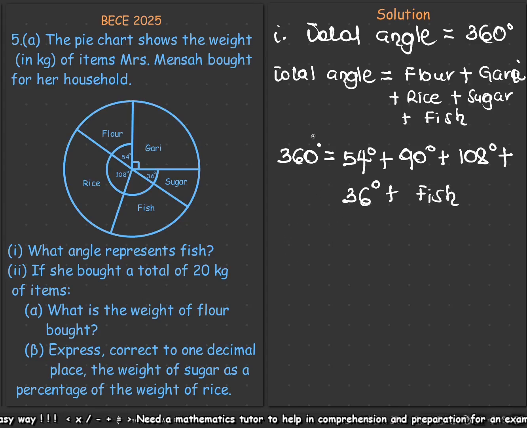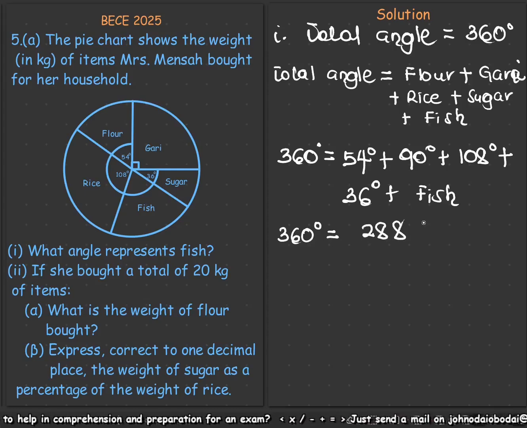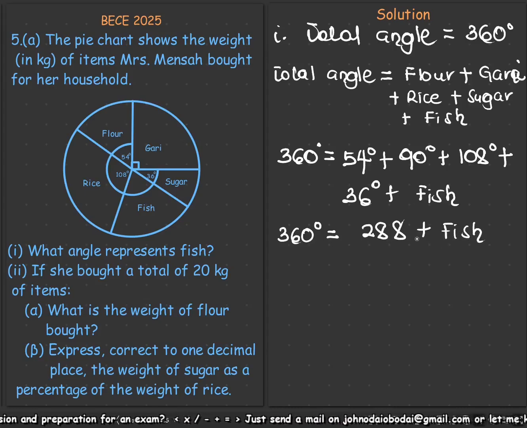So solving further, we have 360 degrees, which is equal to, if we add all of these angles, 288, plus the angle representing fish. Now we want to make fish the subject, so we subtract 288 from both sides.